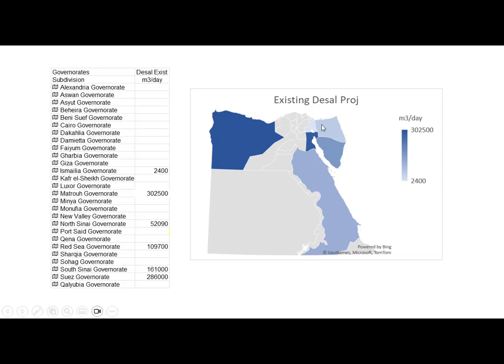Like if you go by your mouse, you can see that we have Marsa Matruh, North Sinai, South Sinai, Ismailia, and Red Sea.